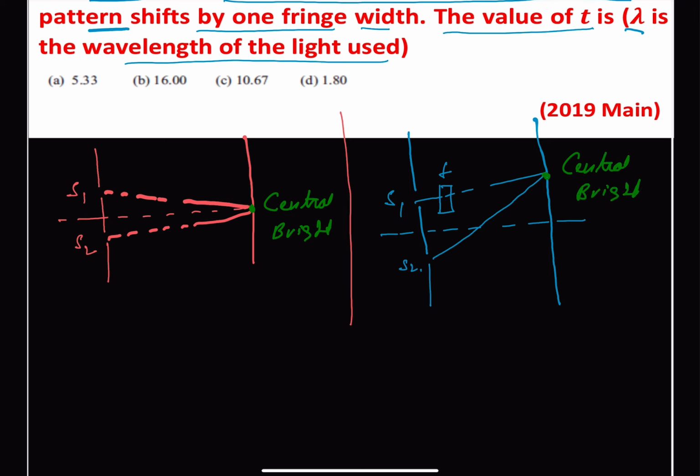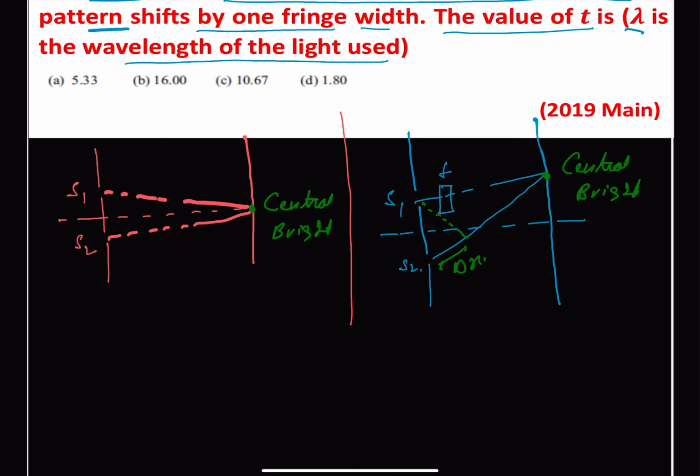And the shift is of 1 fringe width, but here this will be our delta x. But as it is the central fringe, the delta x ideally should be equal to 0. So we will try to exploit that property.